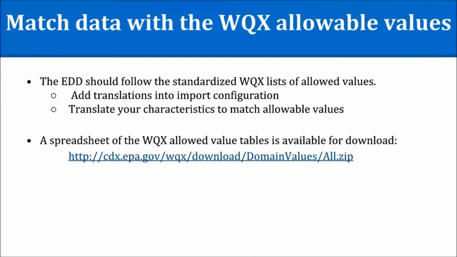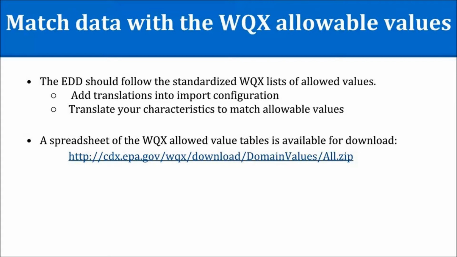But people can capture allowable values very differently. So I'll steal Charles's example, as he always uses the one about lead. Lead could be lowercase l-e-a-d, could be capital L-E-A-D, or it could be P-B. Those are three different ways of capturing lead, and only one is accepted by Storet. It's capital L-E-A-D, I believe. We have a characteristic list in which it has to match perfectly.